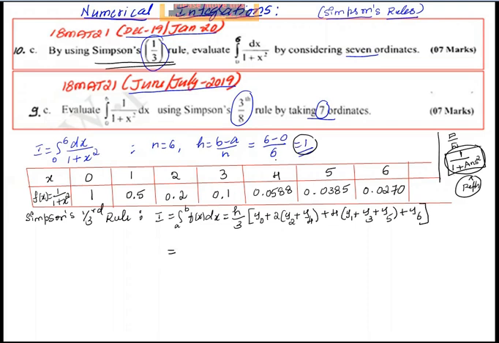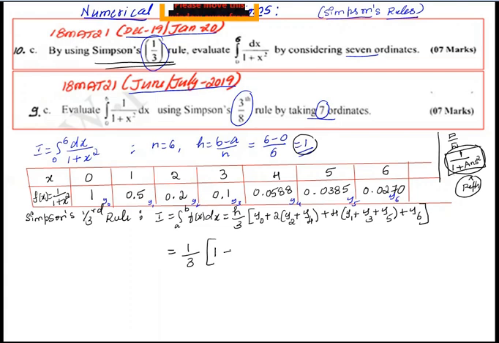Here h value is 1, that is 6 minus 0 divided by 6, that is 1, divided by 3. These are the values of y naught, y1, y2, y3, y4, y5 and y6. So let us substitute here.